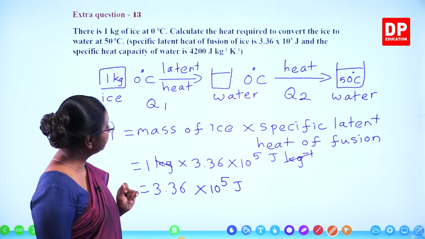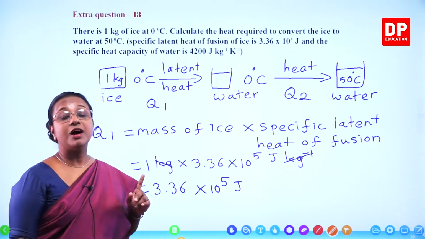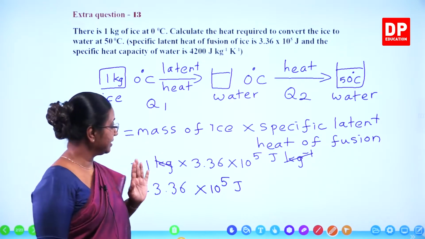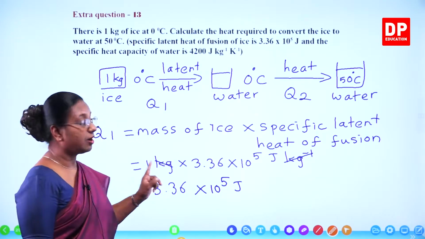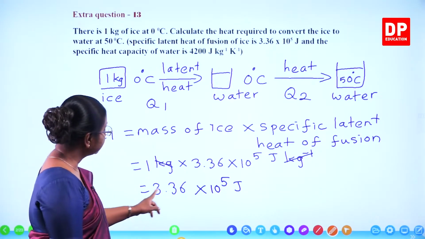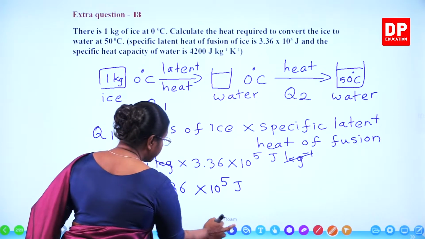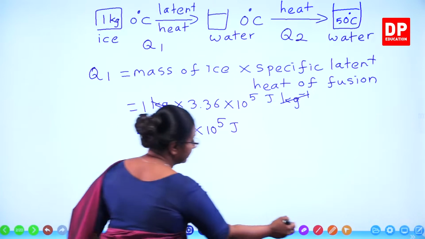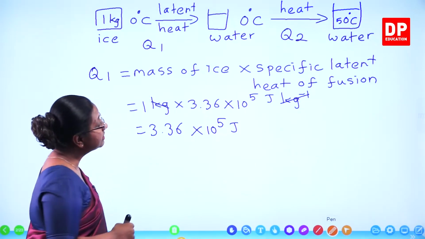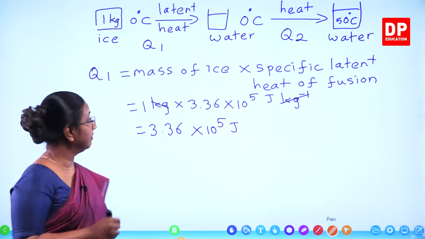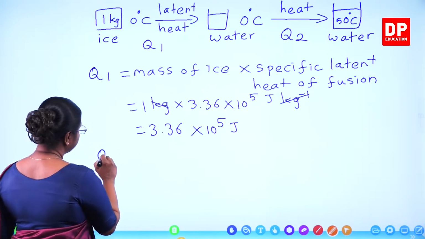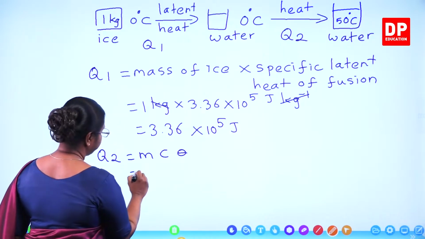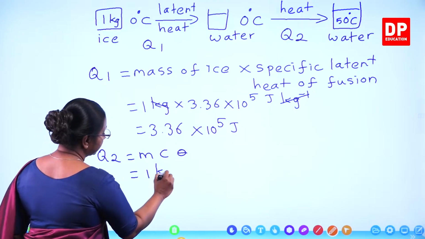So, since that is given to you, you all know to convert 1 kilogram ice to 1 kilogram of water at 0 degrees Celsius, we need this amount of heat. So, that is given to you. So, then we have to find the amount of heat that is needed to increase the temperature up to 50 degrees Celsius. So, that is going to be Q2, that is mc theta. So, again, what is mass? 1 kilogram.